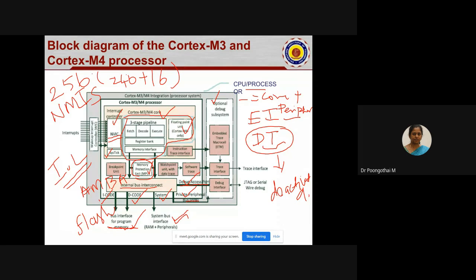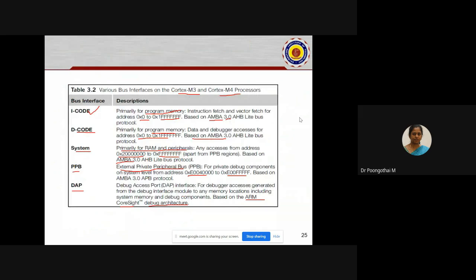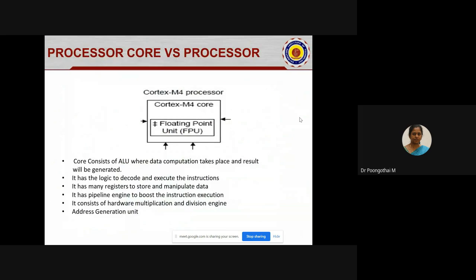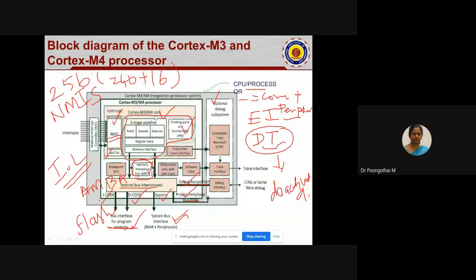Please tell me what are the components inside your ARM core? Pipeline, ma'am. Okay, so this part is called your ARM Cortex core.